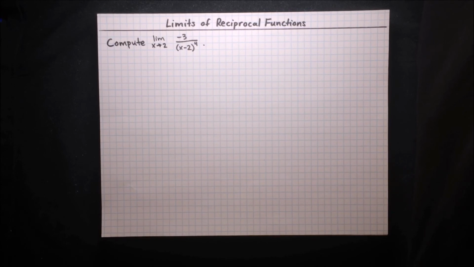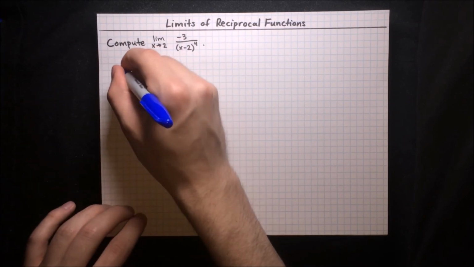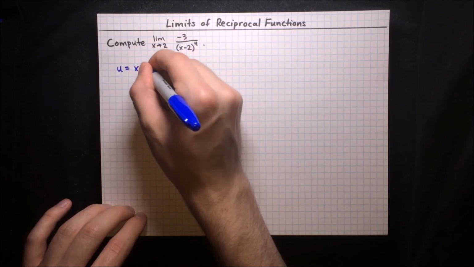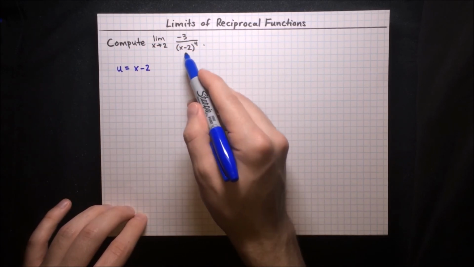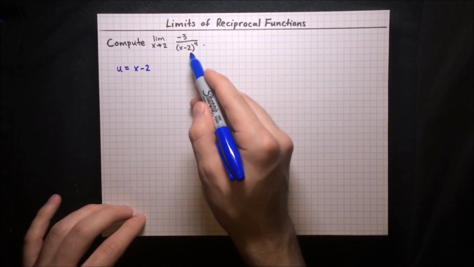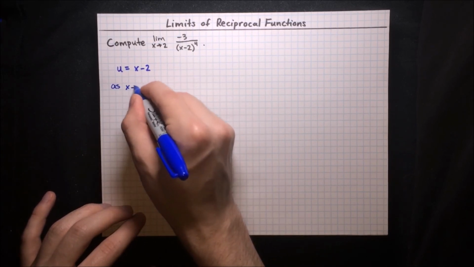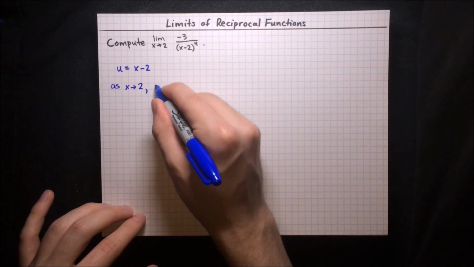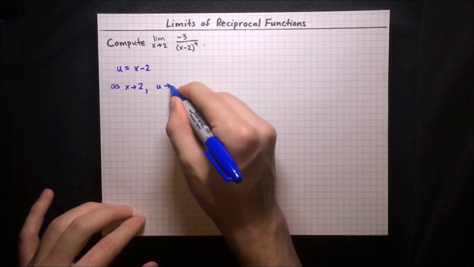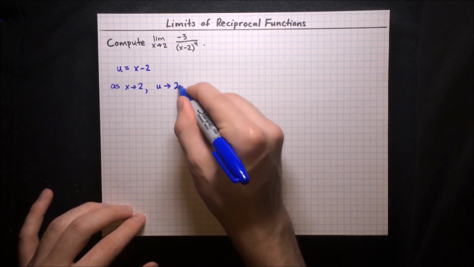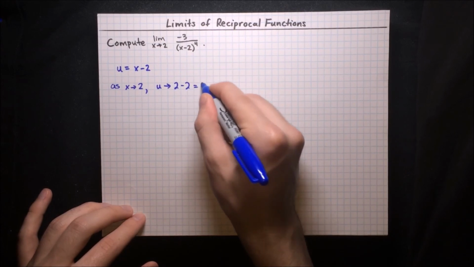And one way that we can simplify this limit is through a substitution. Let's just define u equals x minus 2. That way we'll lump this whole x minus 2 expression into a single variable in the denominator. Now we know that as x approaches 2, we have that u approaches x minus 2, which is 2 minus 2, which is equal to 0.